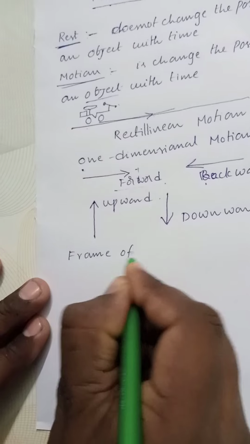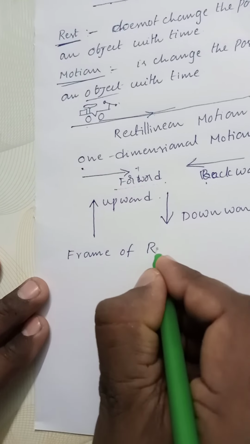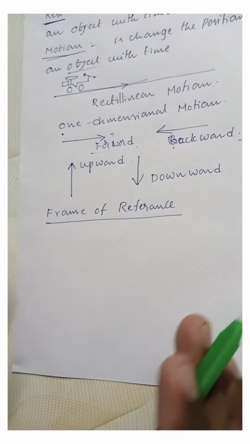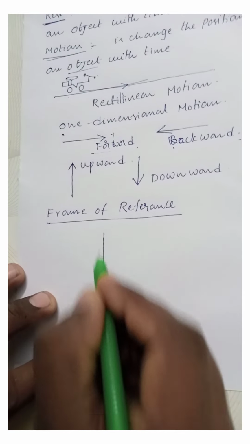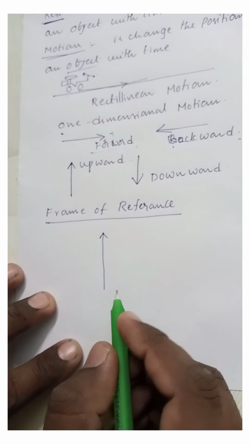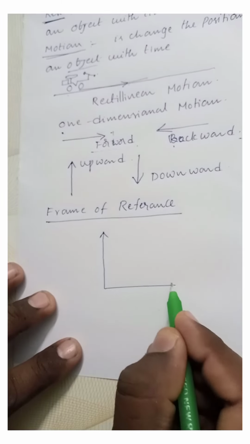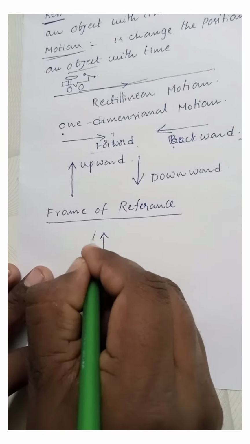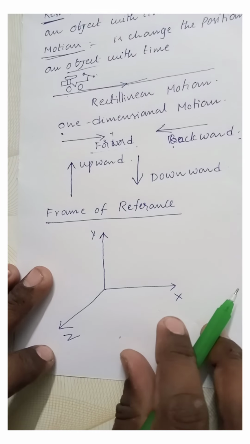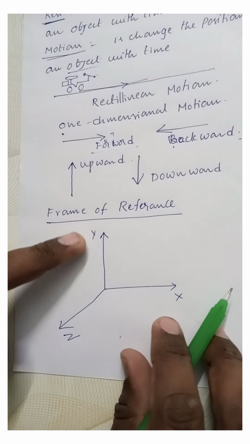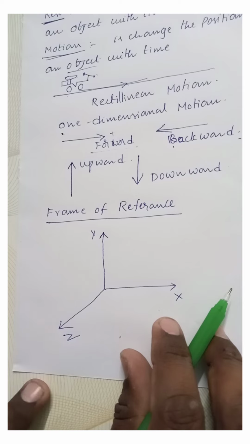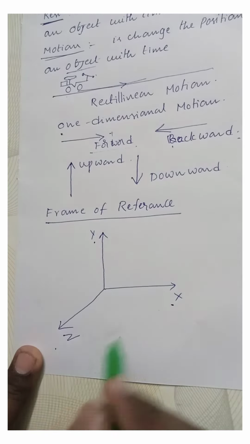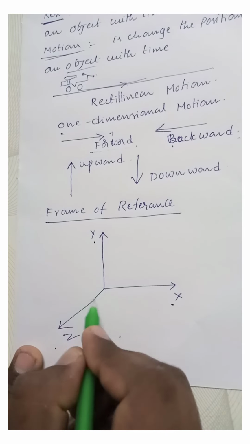A rectangular coordinate system consists of three mutually perpendicular axes, labeled as x, y and z axes.